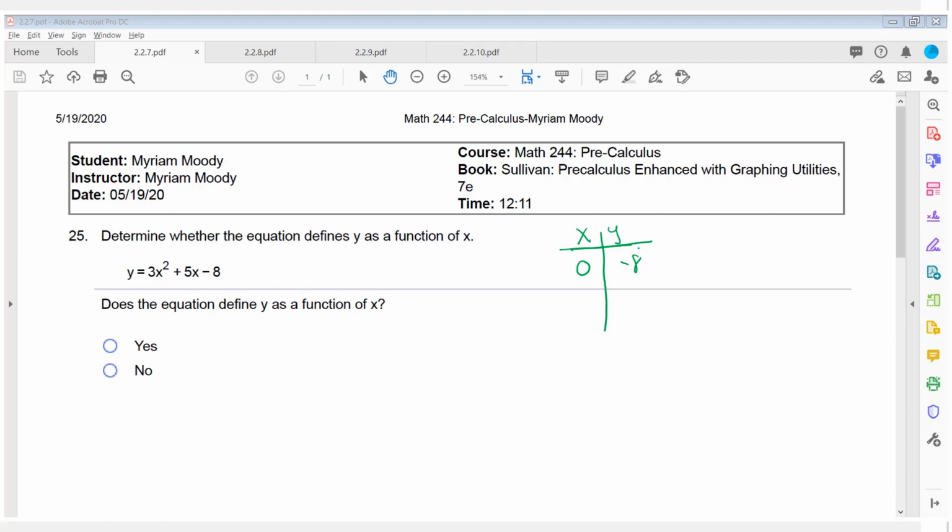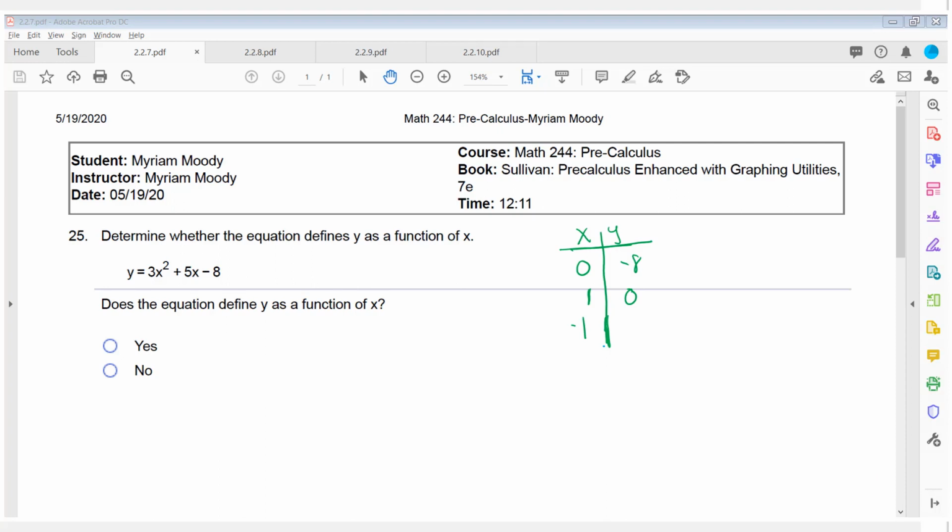Let's plug in another number. Oh, let's plug in 1. 1's a nice easy number. And when I plug in 1, what do you get? Yeah, you get 0. But the point is you get one output. You with me? Okay, let's plug in -1. Let's see what happens with the negative end of the world. What do we get when we plug in -1?